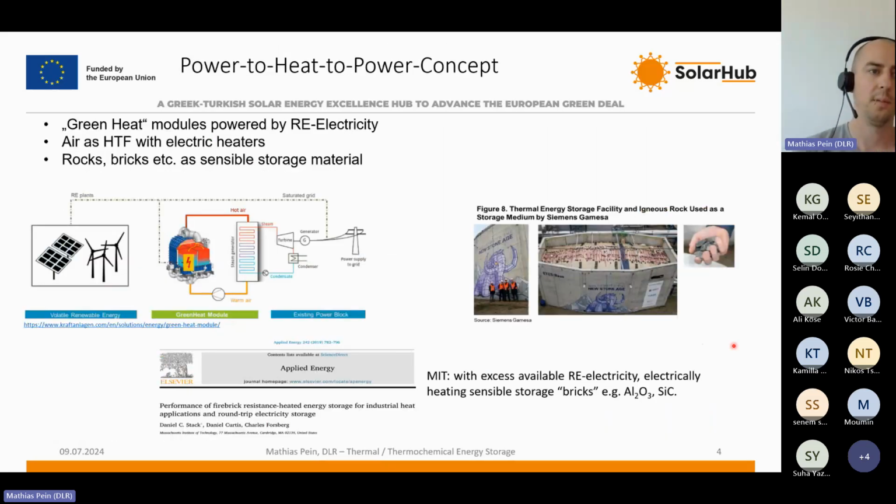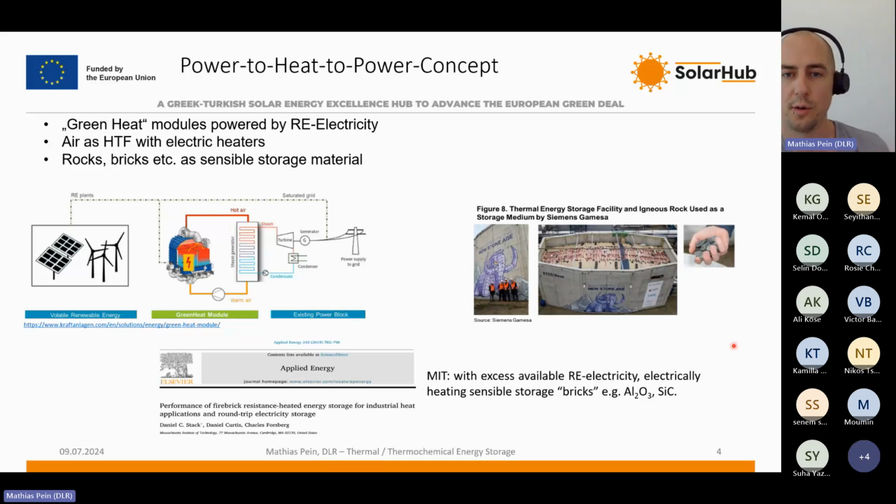On the other hand, one could also think to utilize such heat storages to store excess electricity from renewable sources such as wind or PV. So utilizing electric heaters to heat up such storages and make the power available basically on demand, taking away a bit of the volatility of renewable energy sources such as PV and wind, and being able to supply power or heat to the industry on demand.